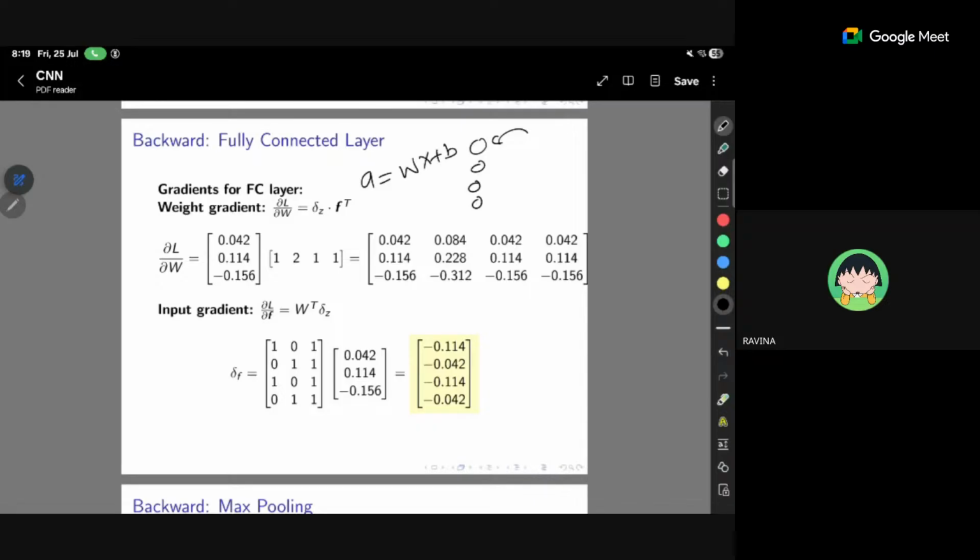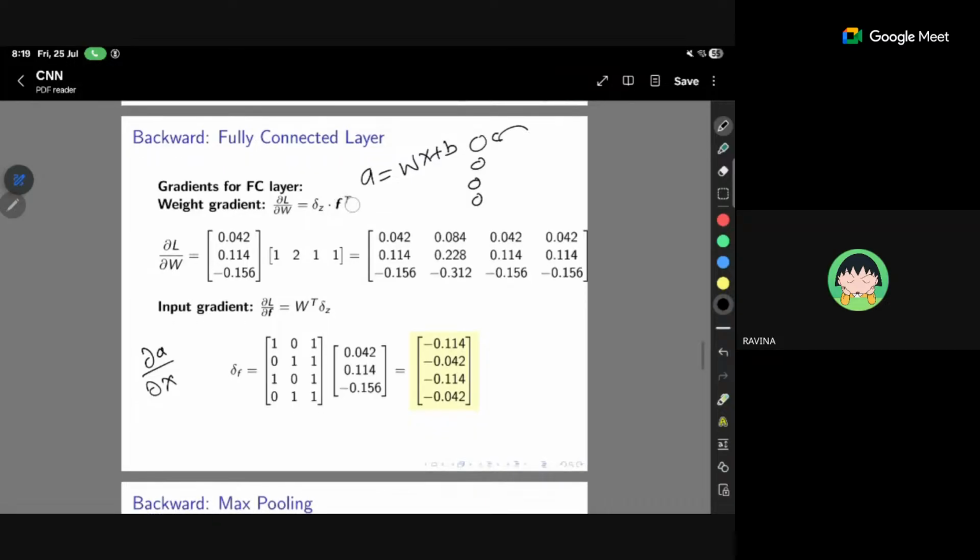Now what we are actually doing is ∂A by ∂x, the input, right? So we'll have this F transpose coming from there. Don't worry, I'll share this with you if you don't understand, but you will get this flattened layer as output, and we will do this multiplication.